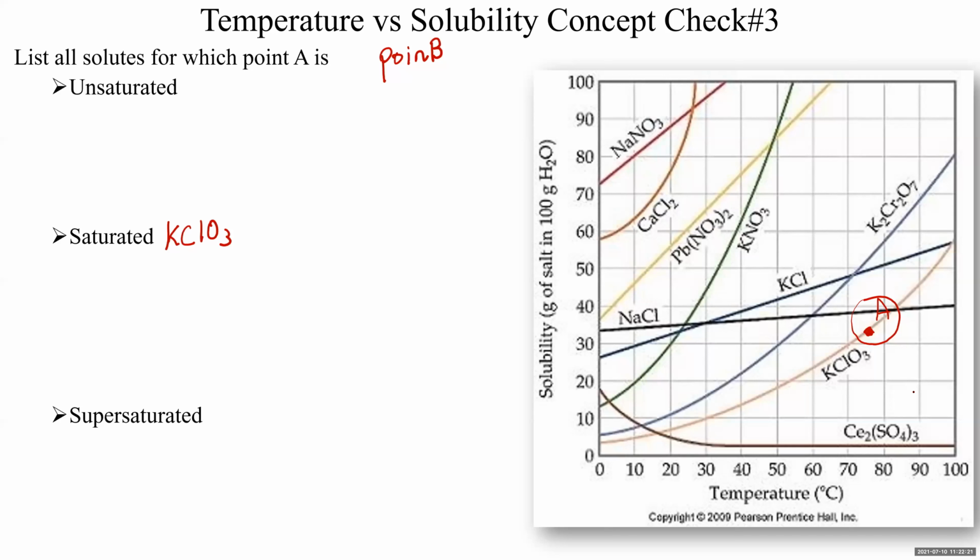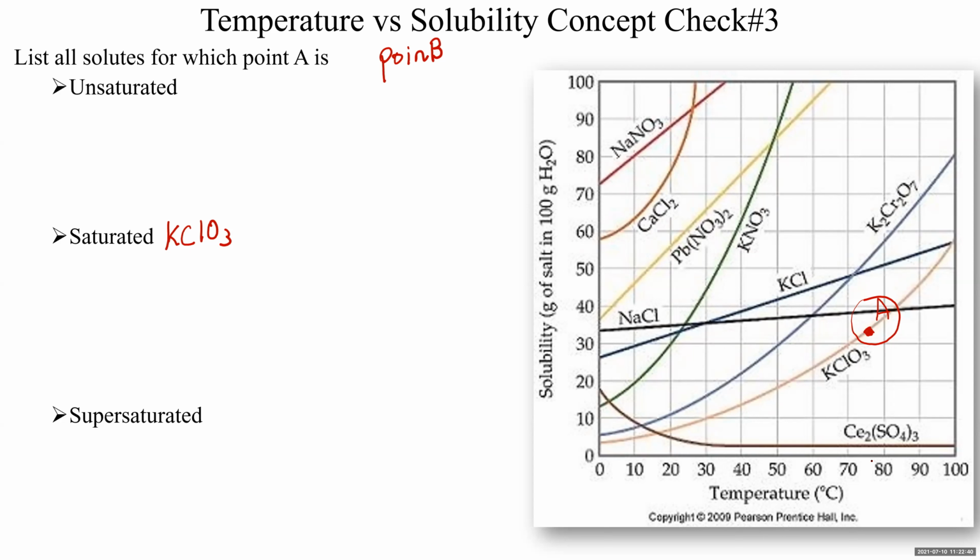Now, what does unsaturation mean? Unsaturated means any point at a given temperature below the graph. So the answer to this question for unsaturated is which graphs are above point A at the temperature approximately 75.